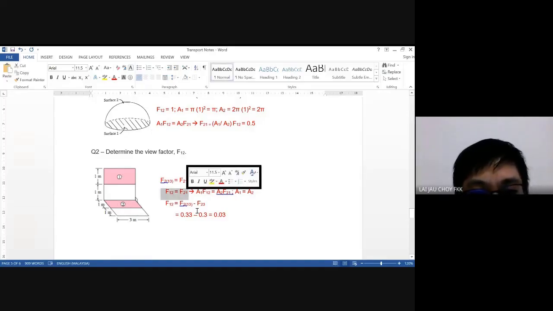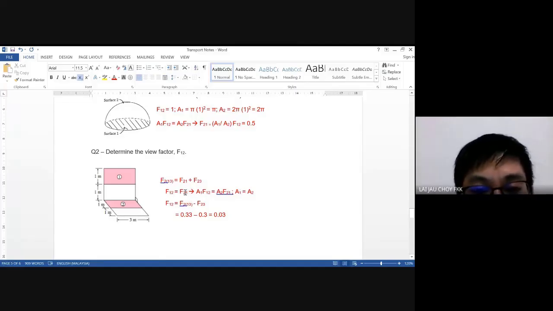That is wrong. If A1 does not equal A2, then you need to use the reciprocal rule to get their relationship. But in this case, A1 equals A2, so you can use this equation directly. You can substitute F21 with F12 because they are the same. So that's why, when we move on, let's call this equation 1.